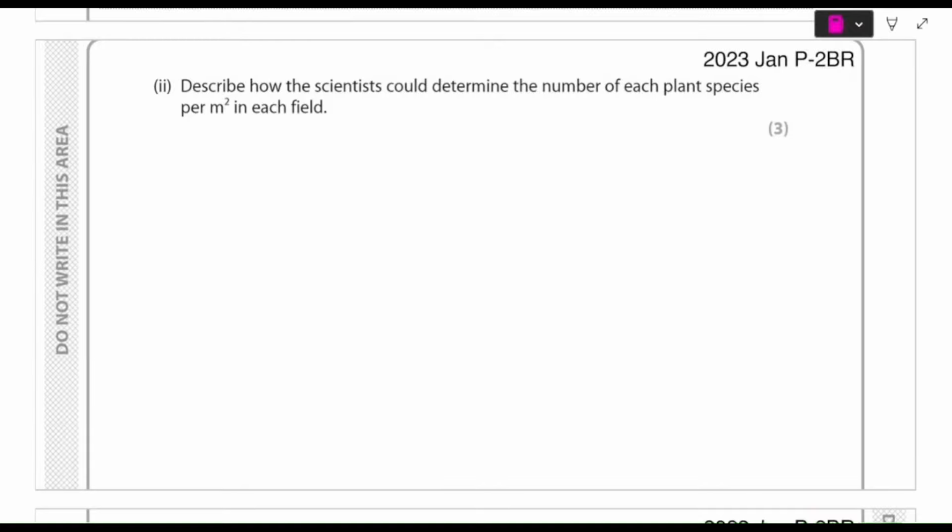After placing it randomly at different coordinates, we will count the number of species within the quadrat at each coordinate. Then we can find the mean, and we will divide that number of species by the area to find each plant species per meter square, which they've asked us to find.